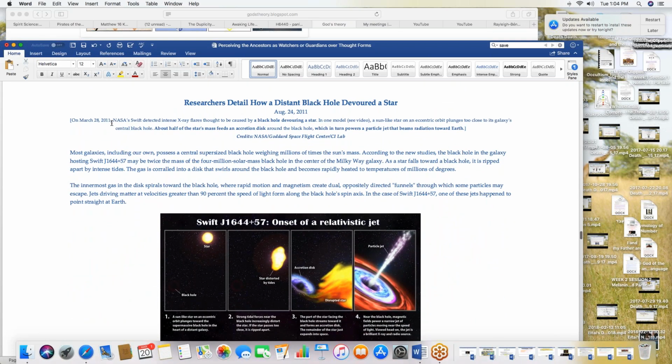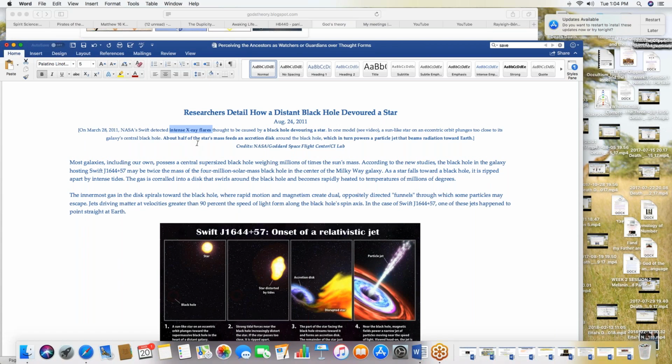On March 28, 2011, NASA's SWIFT detected intense X-ray flares thought to be caused by a black hole devouring a star. In one model, and we saw the video, a sun-like star on an eccentric orbit plunges too close to its galaxy's central black hole. About half of the star's mass, listen to how efficient this is.